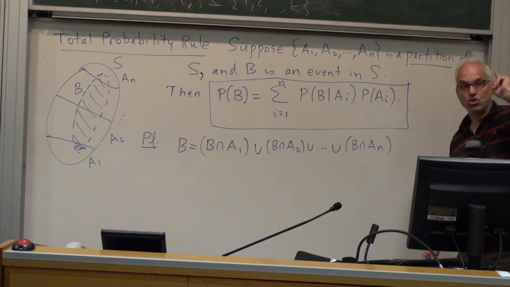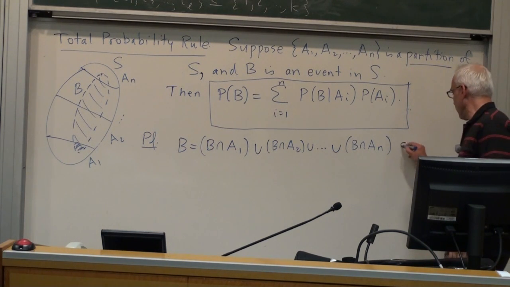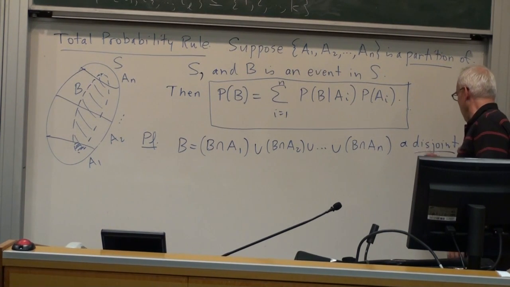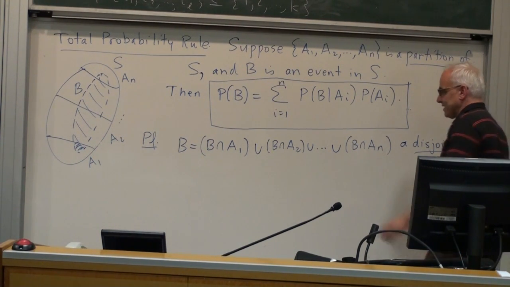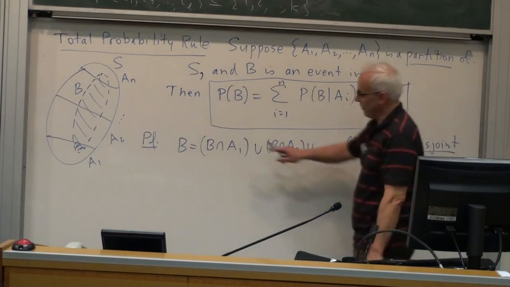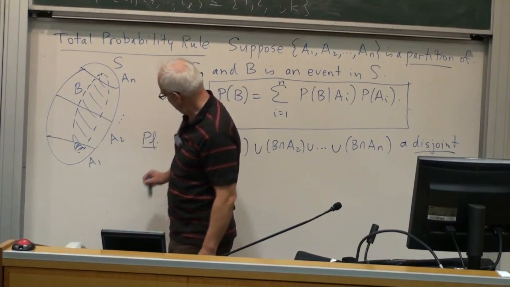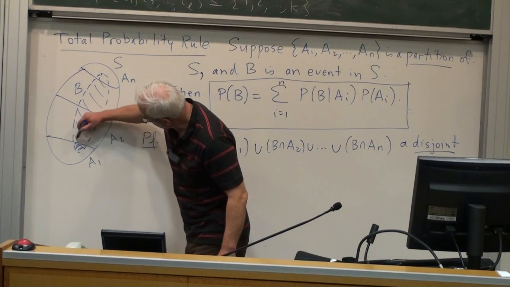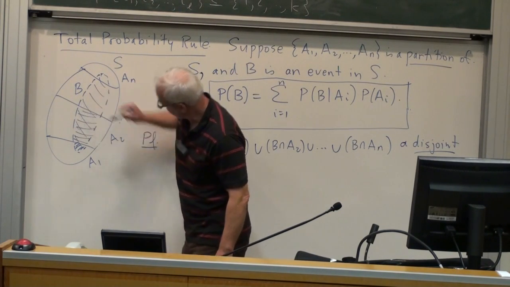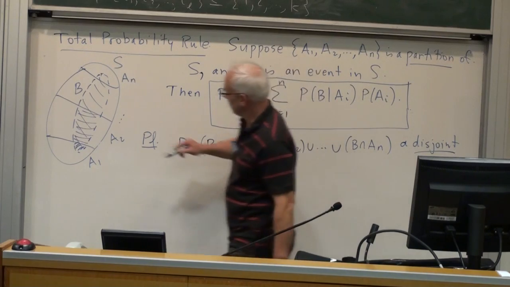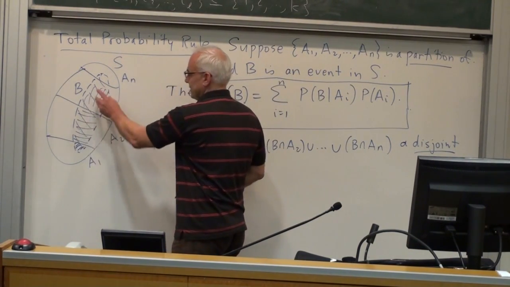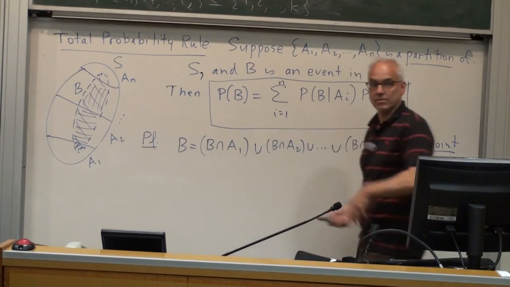And this is a disjoint union. In other words, all these pieces are completely separate. So the first one would have been that piece there. The second one, B intersect A2, well, that would have just been that part of it. B intersect the next one would be that part of it, and so on. All these pieces fit together to form B.